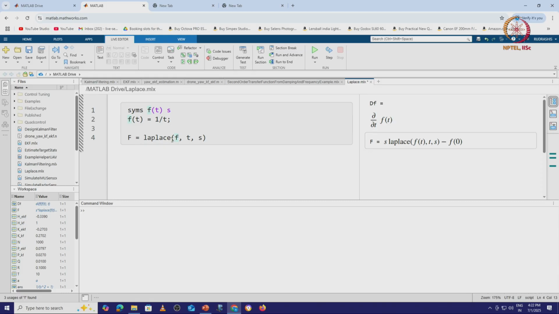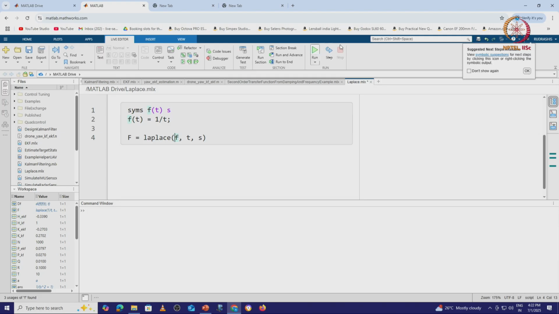F is the Laplace of the function f, t and s. You see what it comes. It is telling us that since we don't specify this particular function, it comes as whatever be the Laplace of 1 by t will be the Laplace function. So in this case Laplace cannot transform the input and it returns an unevaluated call.